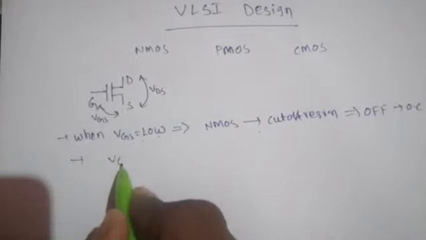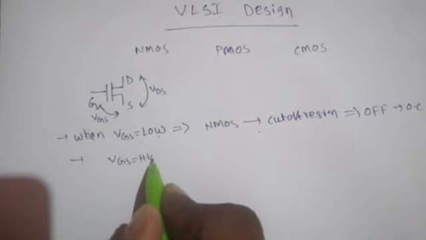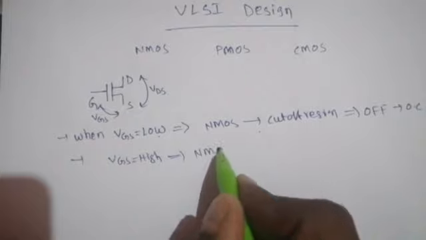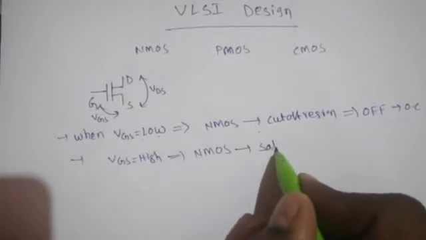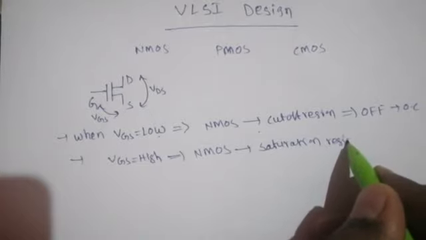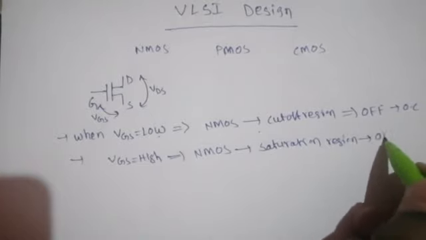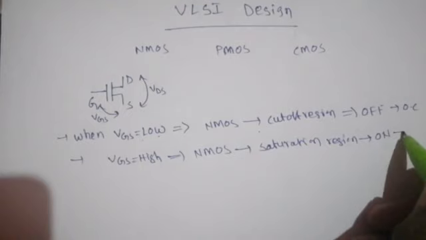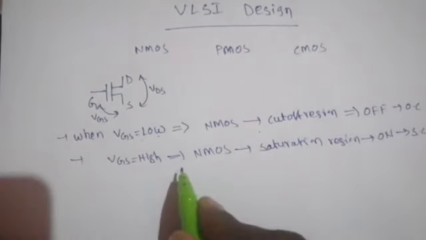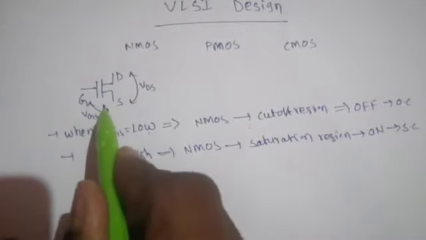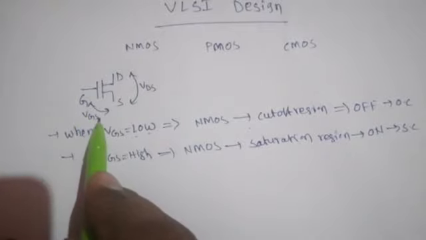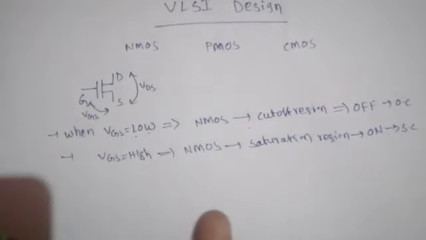Second point, when the gate to source voltage is high, NMOS operates in the saturation region. In saturation region it will be treated as on, and it will act as a short circuit. So open switch when the input is low voltage, and short circuit when the input is high voltage.